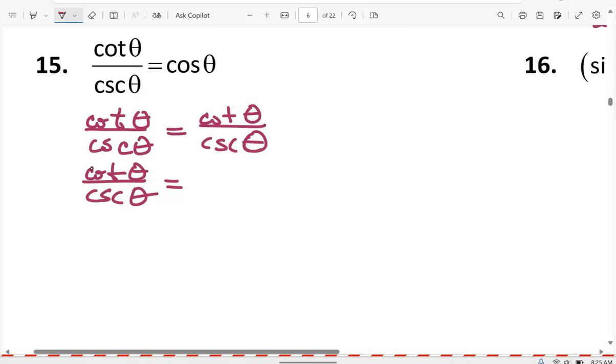The cotangent of theta is equal to the cosine of theta over the sine of theta, and we are dividing by the cosecant of theta, which is re-expressed as 1 over the sine of theta.